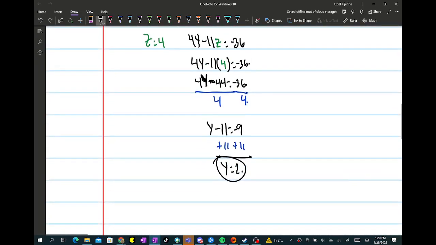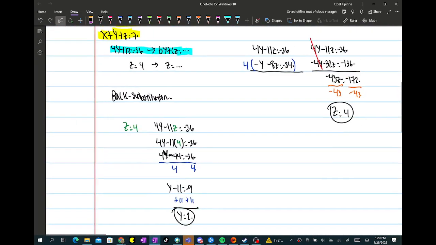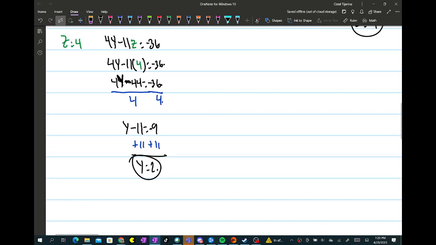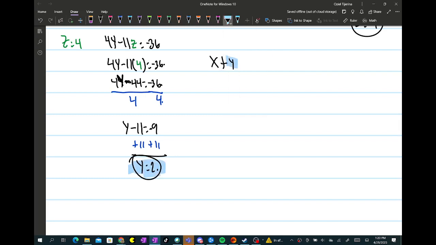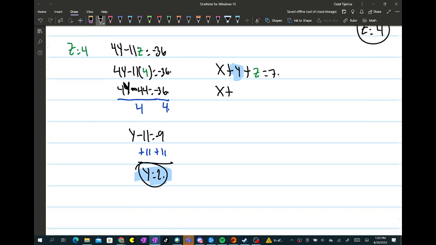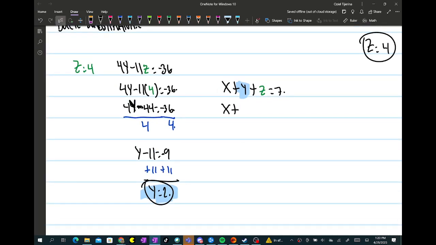So then you get y equals 2, and then finally, we're going to do x plus y plus z equals 7. So again, x plus y, we got y, which is right here, plus z equals 7. And then finally, we're just going to say x plus 2 plus 4 equals 7.